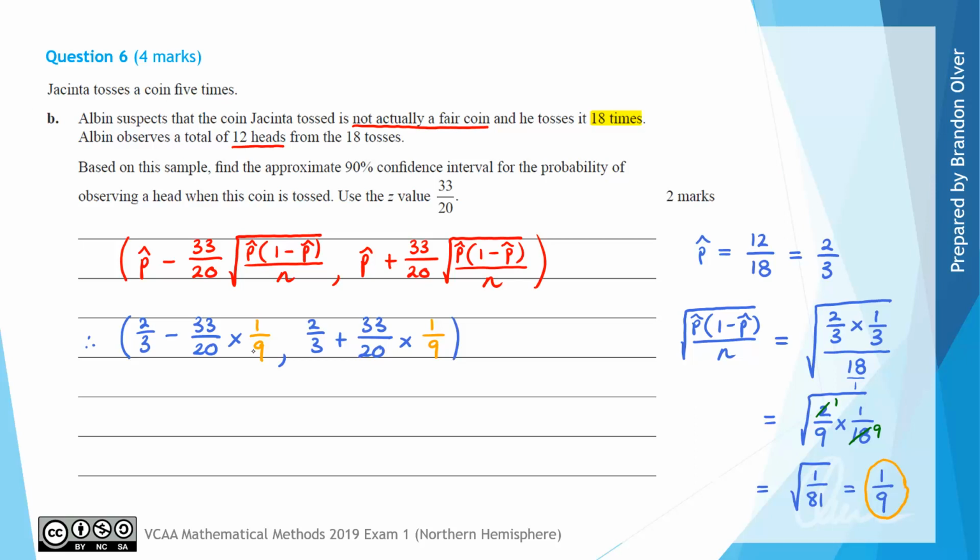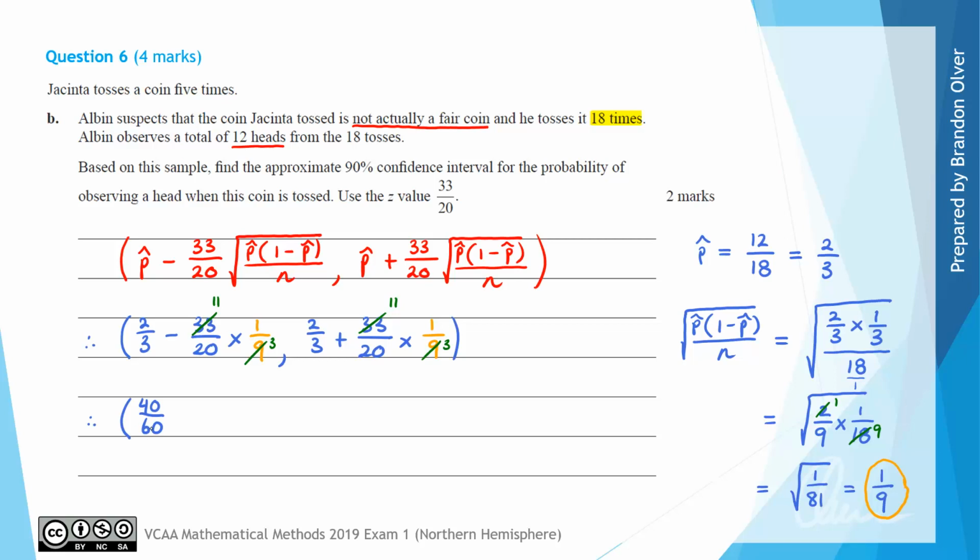So we can spot here that 33 and 9 both share a common factor of 3. So this could be 11 and that could be 3 down there. And the same thing would happen over here. This would become 11 and that would become a 3. And now our job is just to simplify down this confidence interval. So therefore, we're going to have our confidence interval is 2/3, which is the same as 40 on 60.